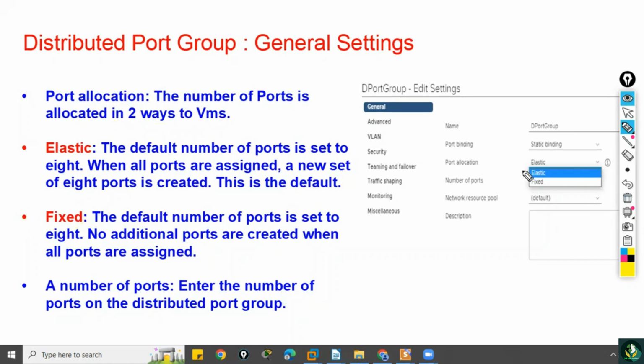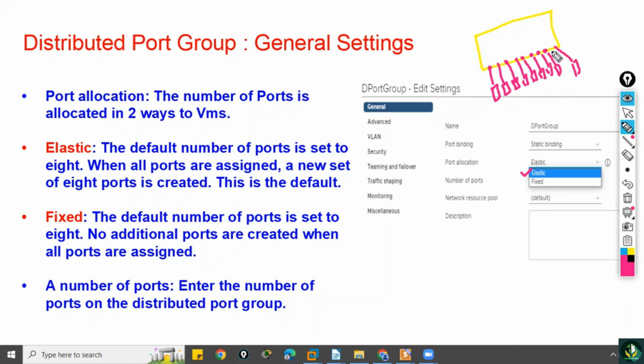If you select elastic, let us say by default the distributed switch has 8 ports: 1, 2, 3, 4, 5, 6, 7, 8. And you have selected the elastic method. When you connect the virtual machines, let us say all 8 ports are allocated to different virtual machines, and you connect the 9th virtual machine.